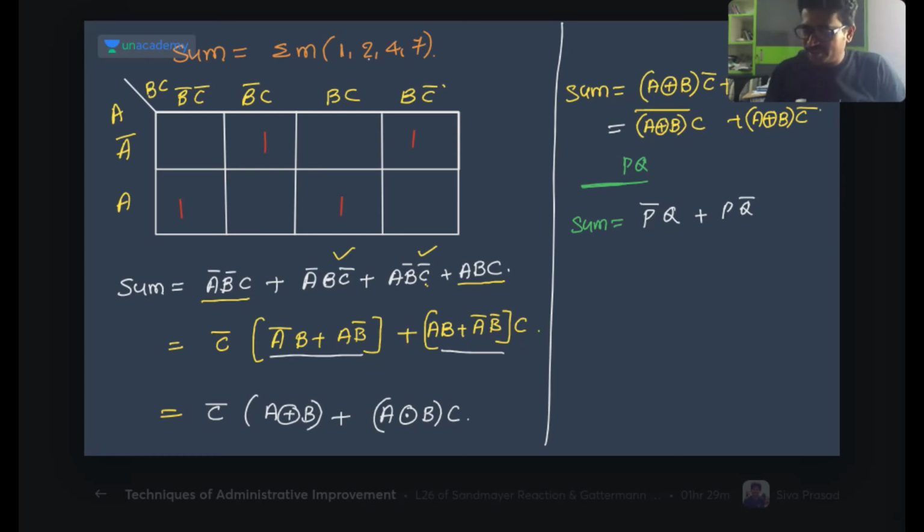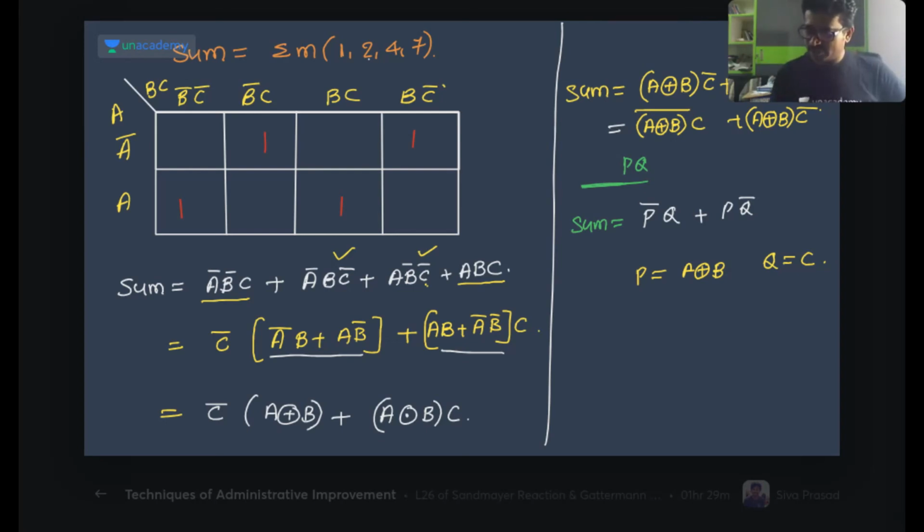Here you can treat P is equal to A XOR B and Q is equal to C. Is this the expression, all of you? Right.